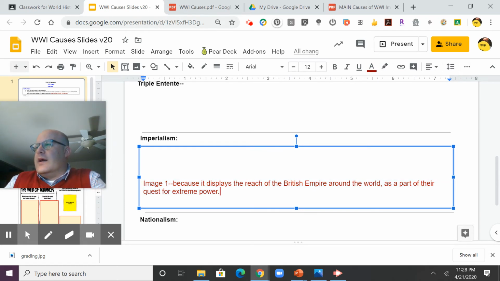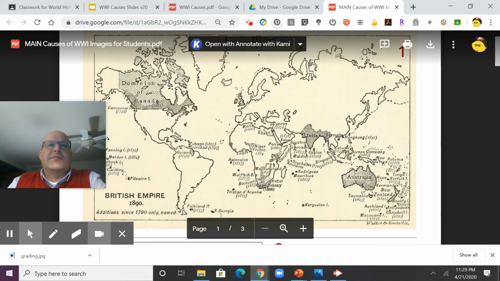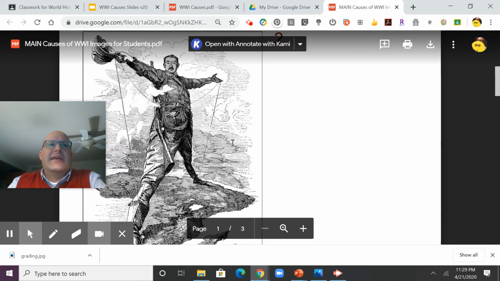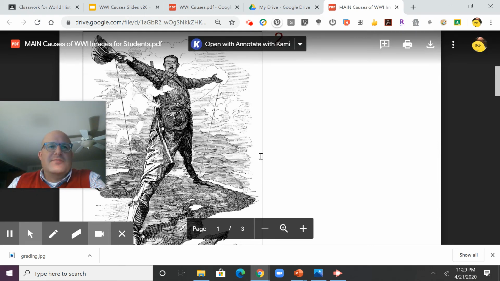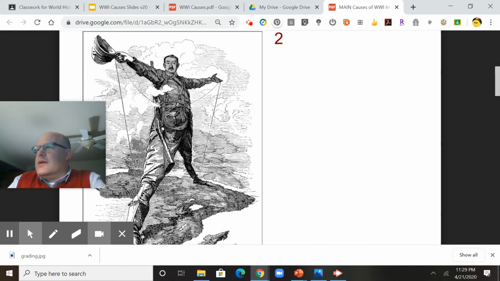There are several images that you might be able to fit into multiple spots, but some of them may only fit into one. The different images fit into multiple spots depending on your perspective. Image 2 fits because it represents British colonizers bringing land under its rule.